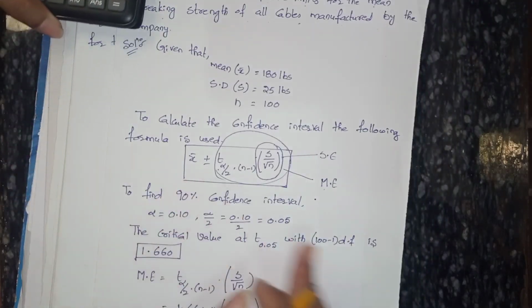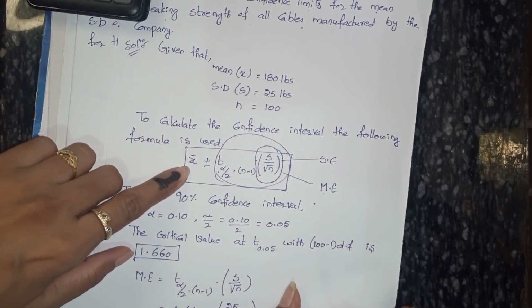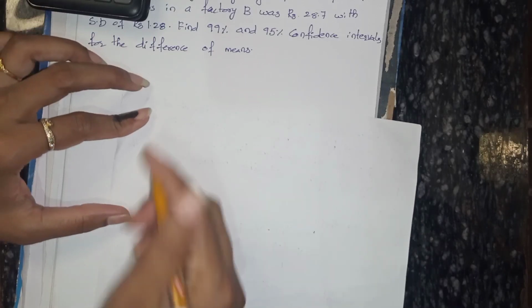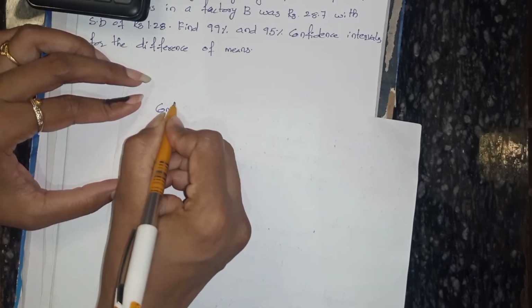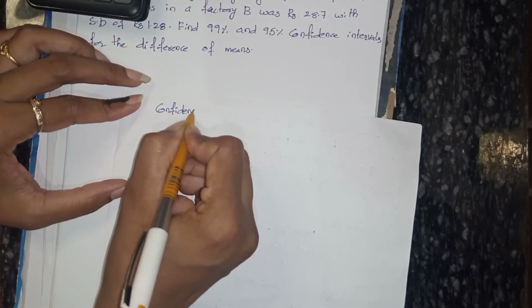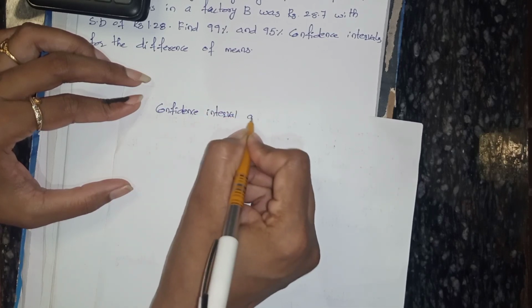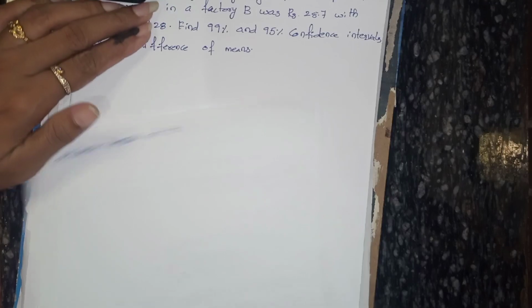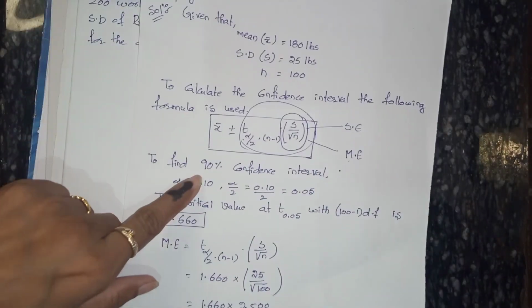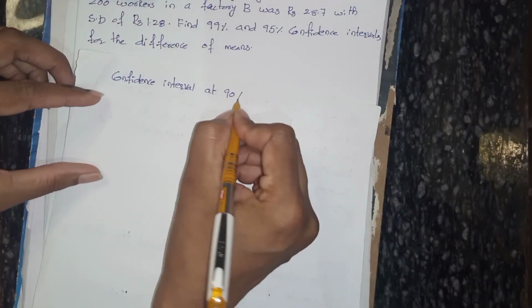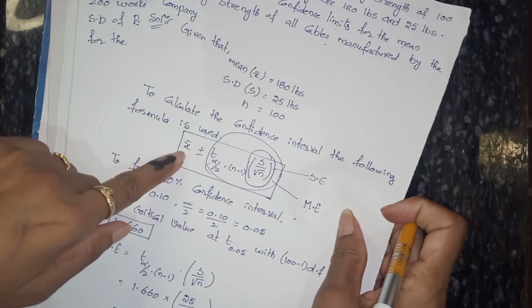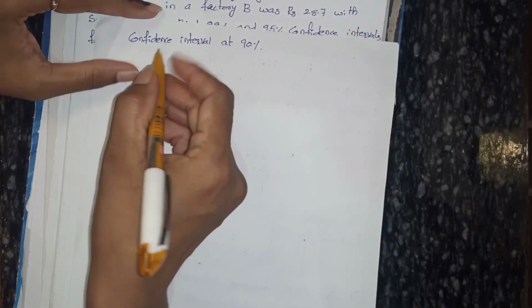Now we have to calculate the confidence interval at 90%. What is the formula? X bar plus or minus ME, the margin of error.